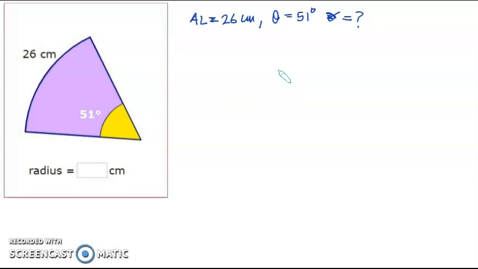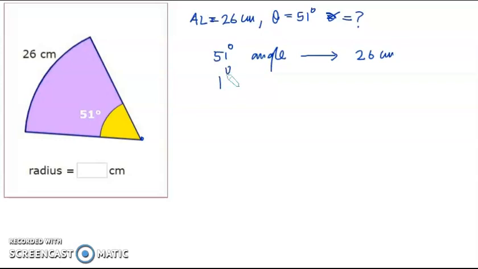We don't know the radius, but we know this angle and this arc length, so we can find the circumference. For that we will use the unitary method. A 51 degree angle gives you an arc length of 26 centimeter in a particular circle.